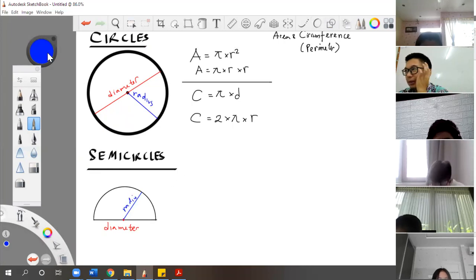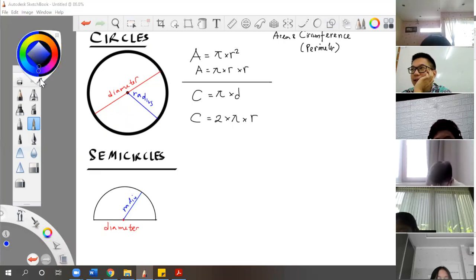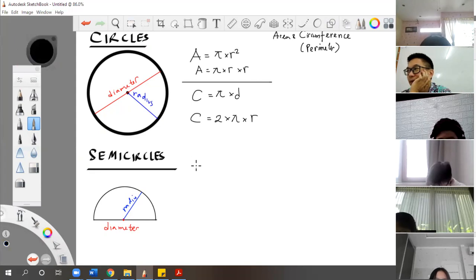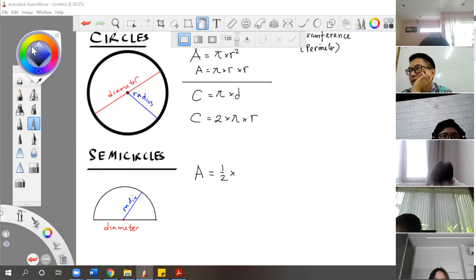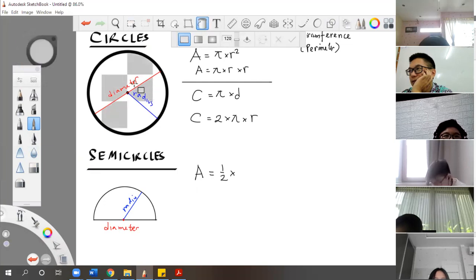What are the differences between circles and semicircles? Only the area and circumference, of course. So the area will be half, because all the shaded part is half.